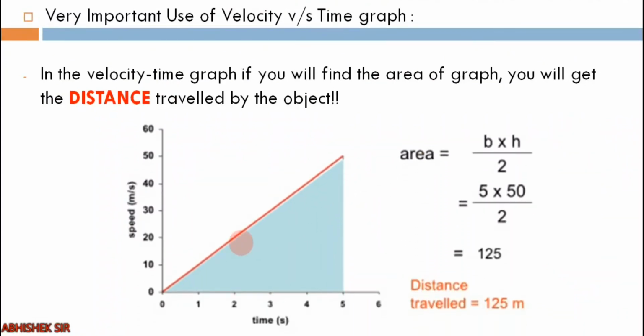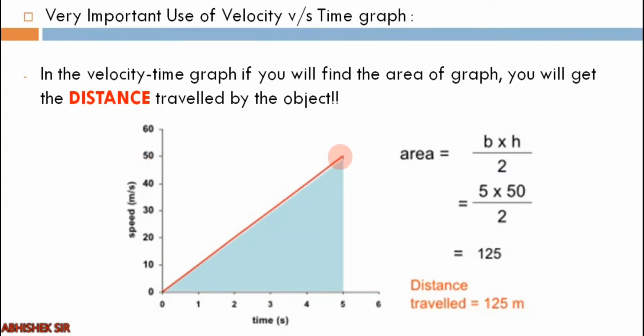You see, this is a time versus velocity or speed graph. Meter per second for velocity or speed is given and time is given in second. So 1 second, 2 second, 3 second, 4 second, 5 second. So up to 5 seconds we have to see. Now in these 5 seconds the object has reached 50 meter per second.